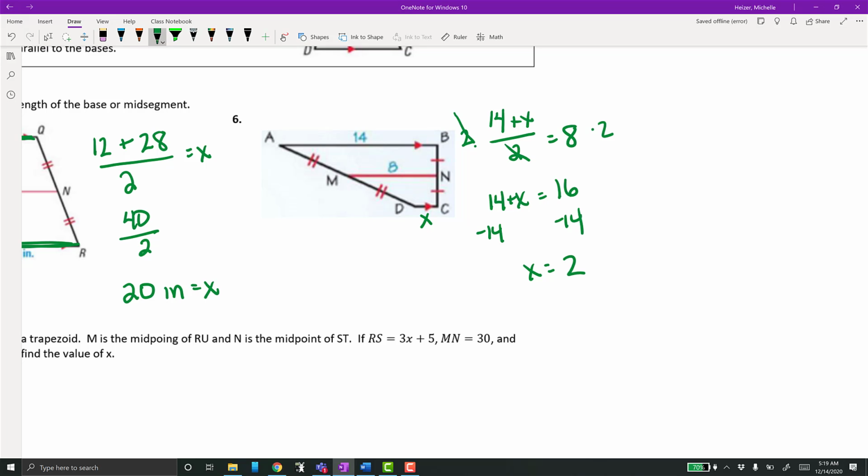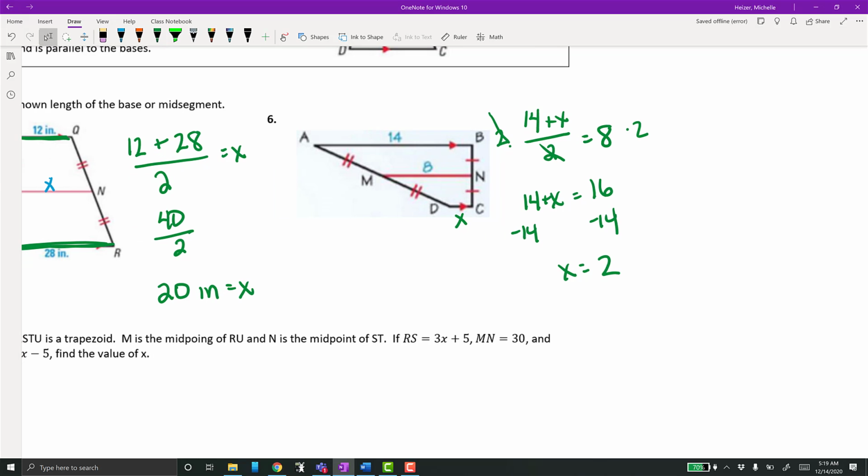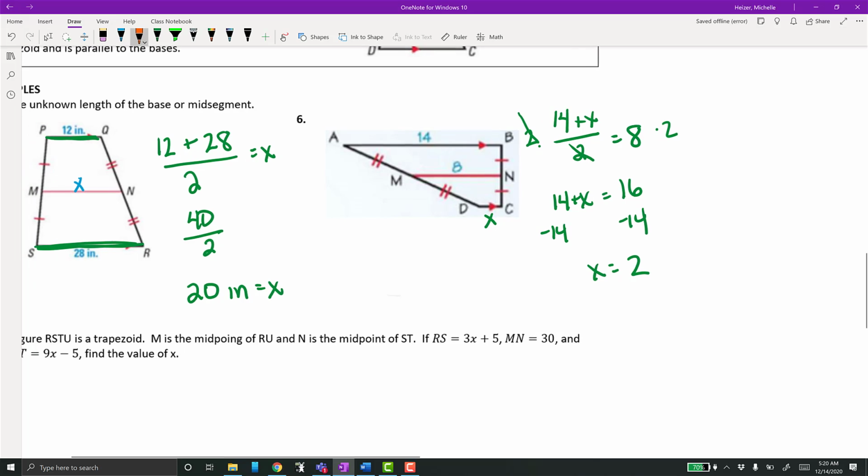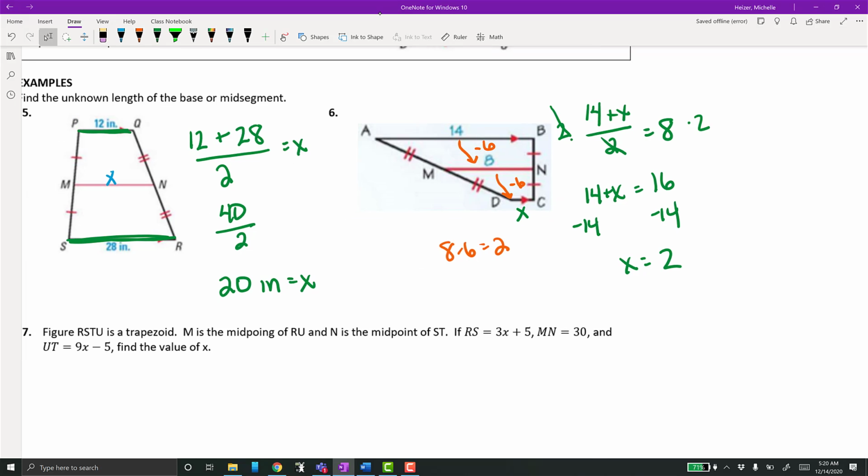Another thing you can do with any of these problems is you can look for patterns. So if I was looking at number 6 here, from 14 to 8, I subtract 6. So I'm going to do the exact same thing because it has to be right in the middle. So 8 minus 6 would be 2. You're going to have the same thing over here, 12 to 28.